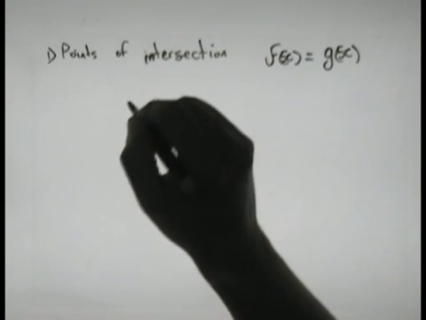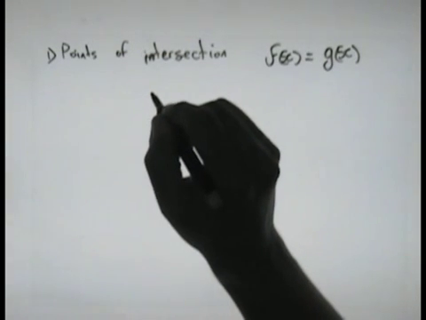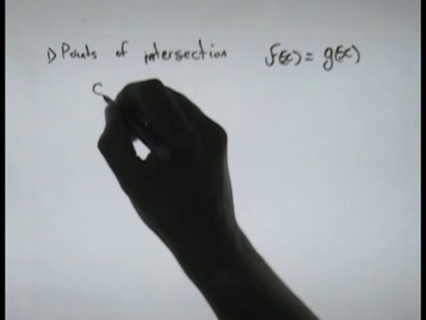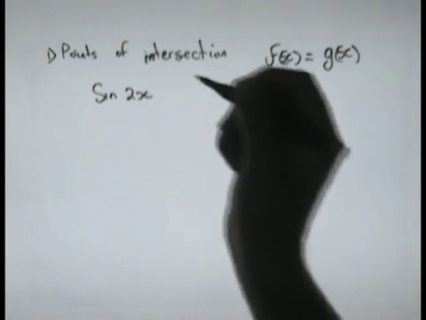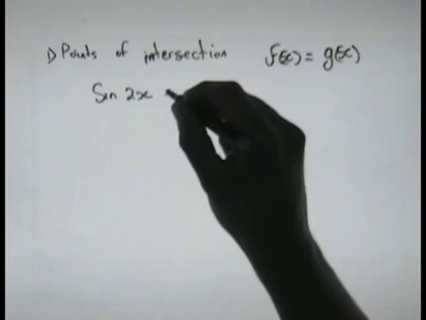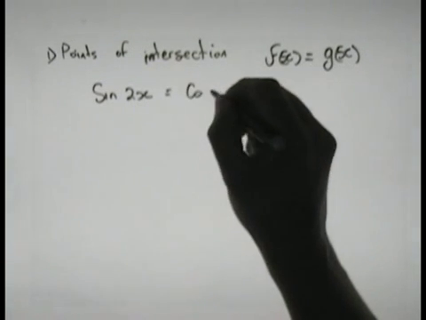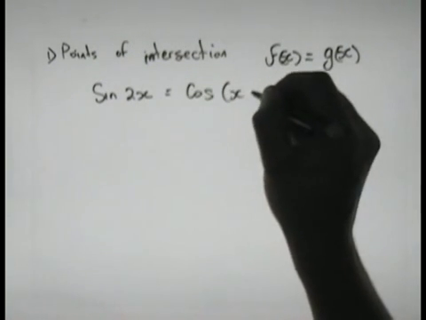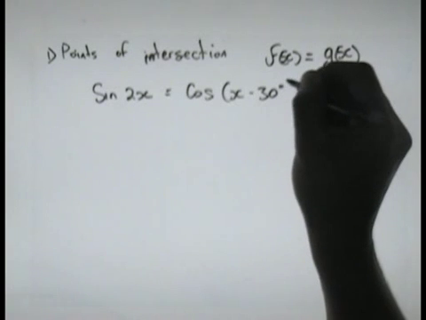We know f of x is the sine graph, sine of 2x. G of x is the graph cos of x minus 30 degrees.